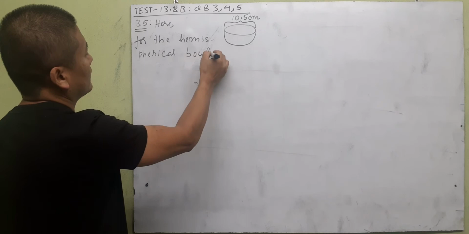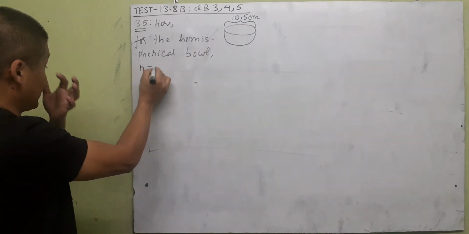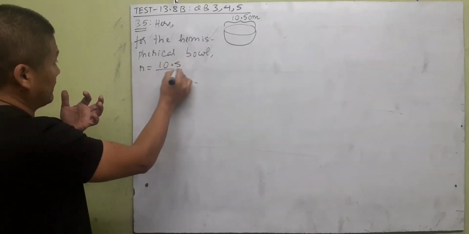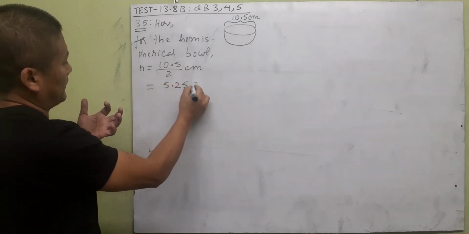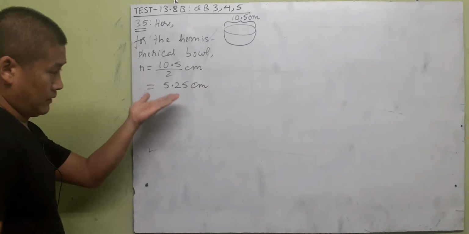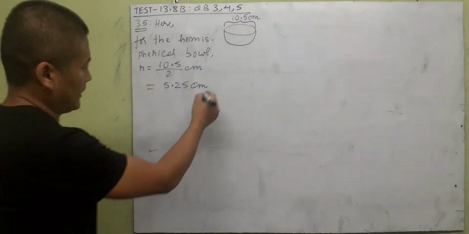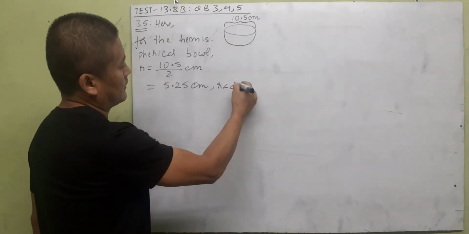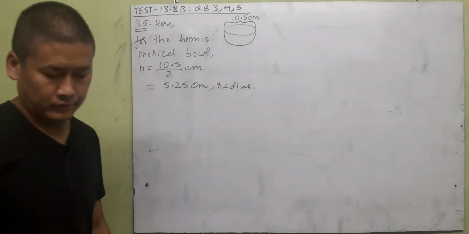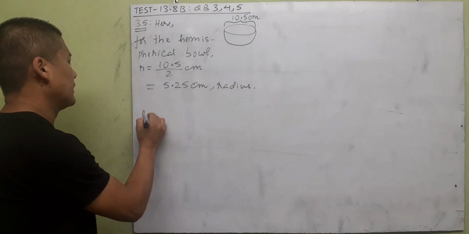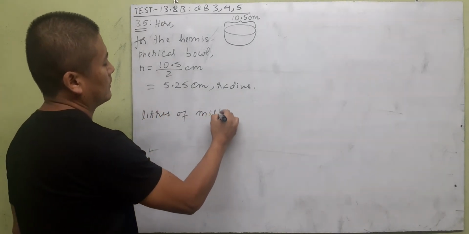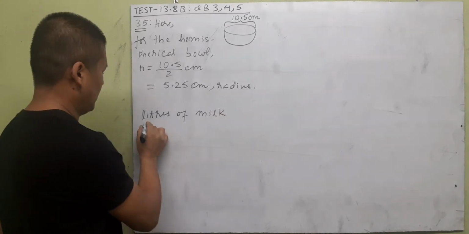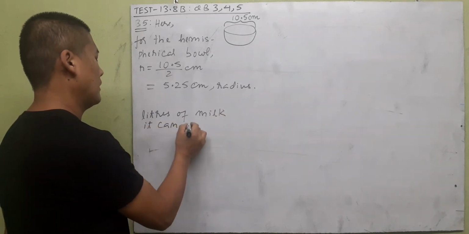ball means container. Its radius r will be the diameter 10.5 divided by 2 centimeter. 2 5s are 10, 2 2s are 4, 2 5s are 10. On dividing, you'll get the radius of this hemispherical ball. Now, how many liters of milk can it hold?